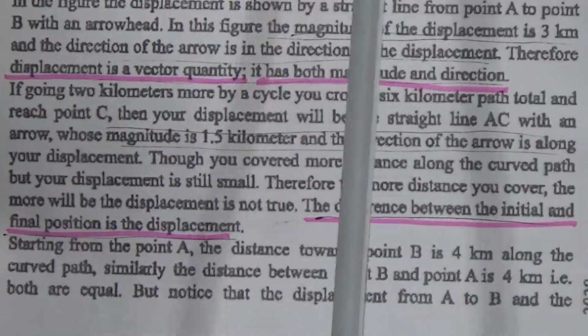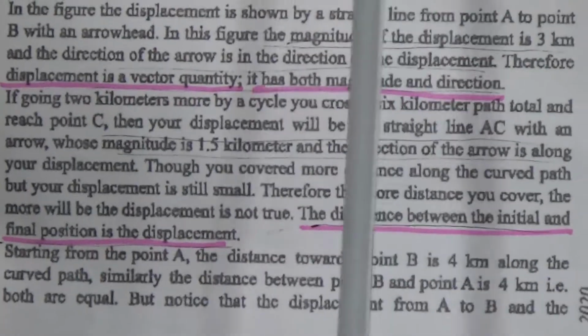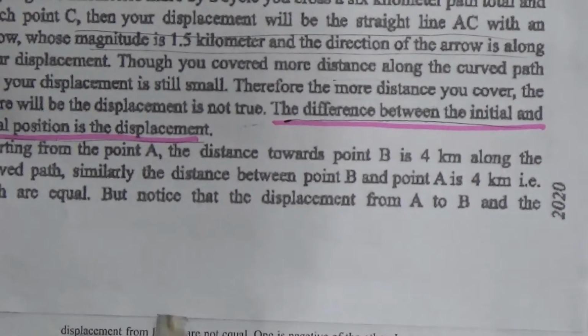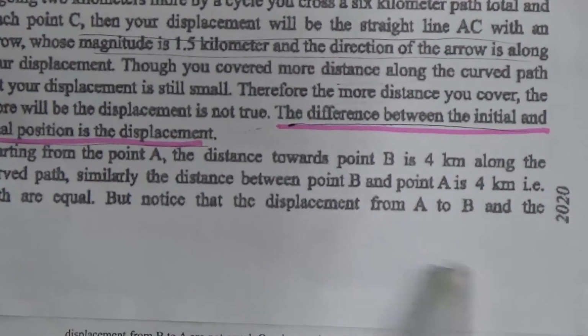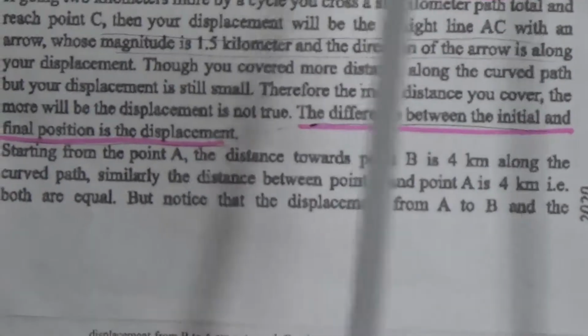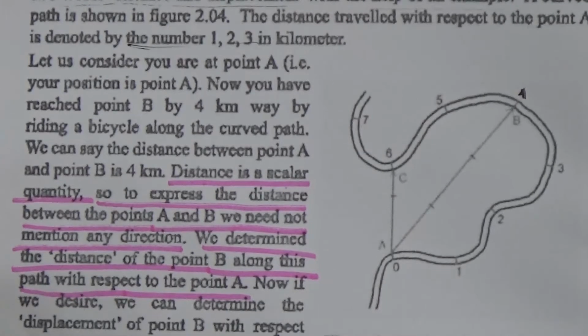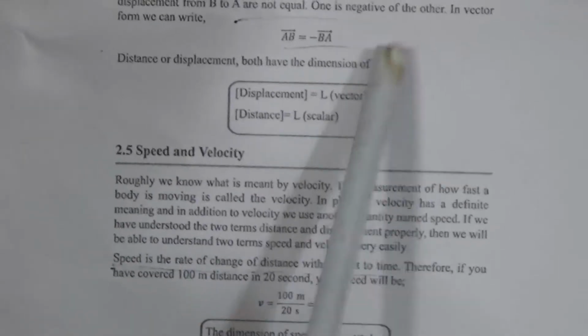The distance between point A and B is 4 kilometer, but notice that the displacement from point A to B and the displacement from B to A are not equal, okay. That is, vector AB equals minus vector BA, okay.